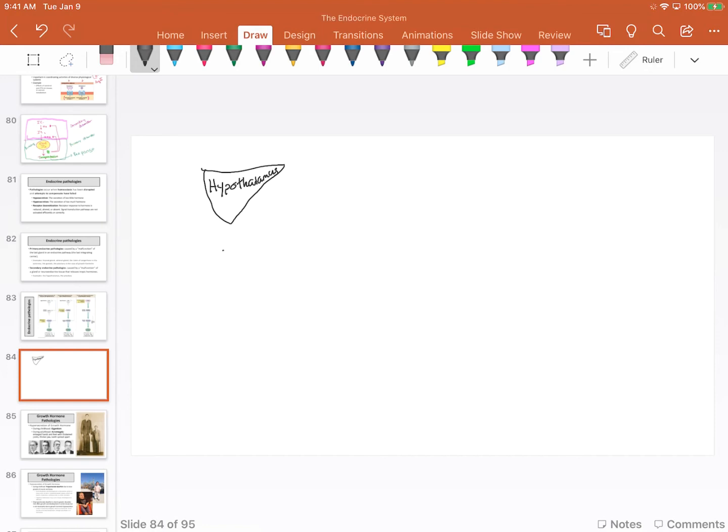Now I'm going to draw this little upside down heart kind of thing that's going to represent my pituitary, with this being the anterior pituitary. And then let's pick the thyroid, because thyroid disorders are somewhat common. So I'm going to draw a little butterfly-like structure that is supposed to be my thyroid.